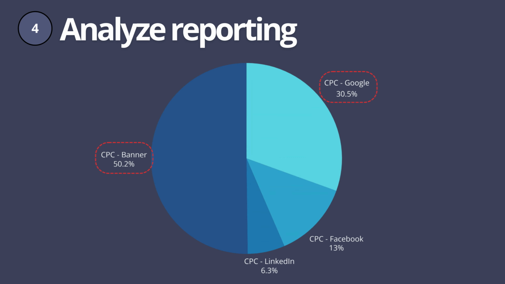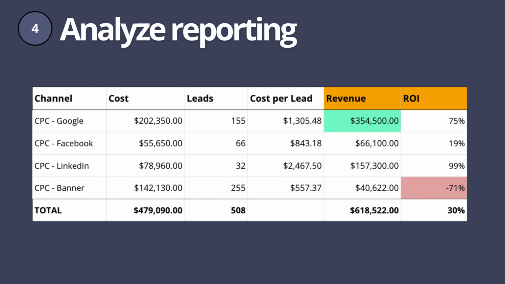Let's add revenue now to our tracking and add this column to our analysis. We have revenue and ROI, and this completely shifts our insights. Now we can see that although banner ads drove the most leads, the revenue from these leads was the lowest of all of our marketing channels, giving us a negative ROI on this channel.